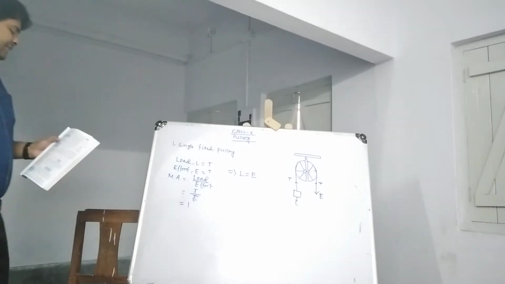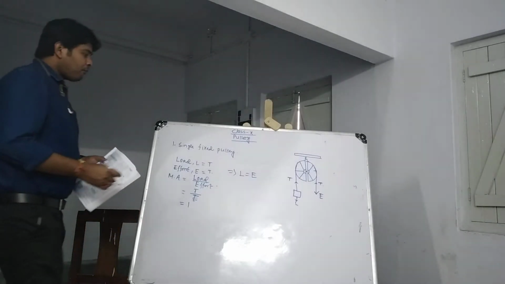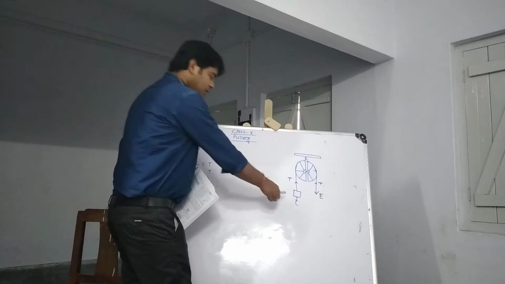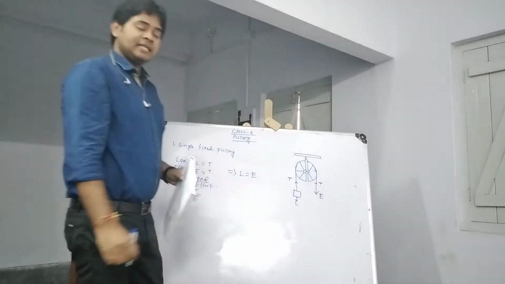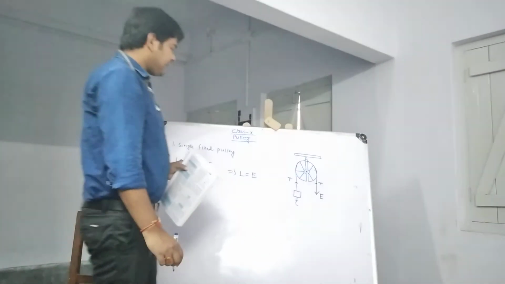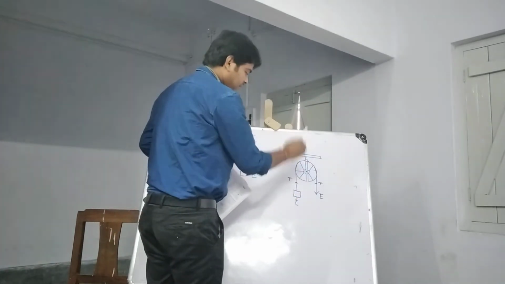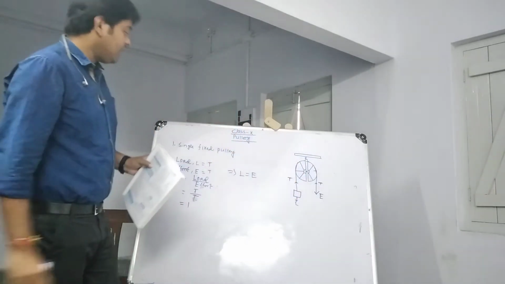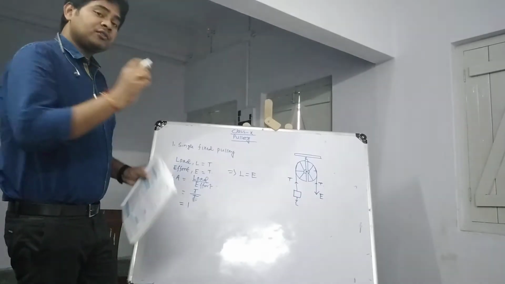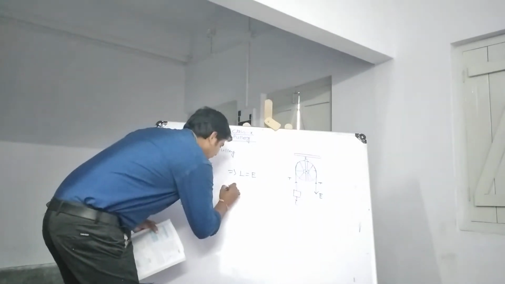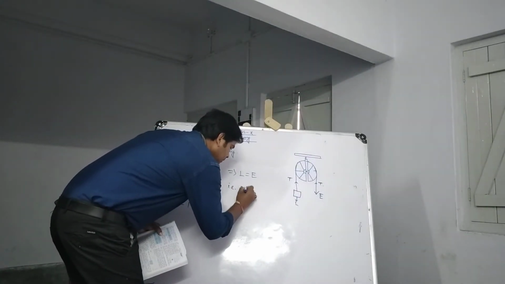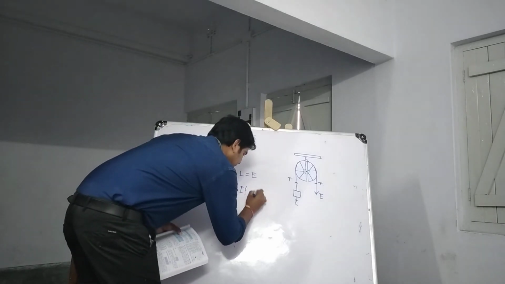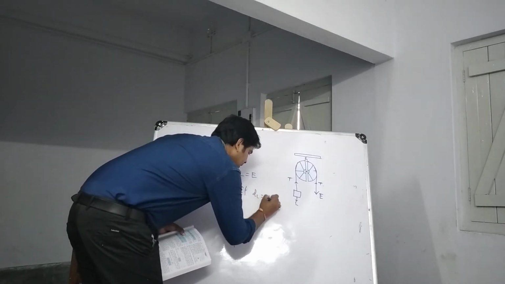The next thing is the velocity ratio. If the point of application of load moves a distance d, then the distance moved by the point of application of effort is also d.